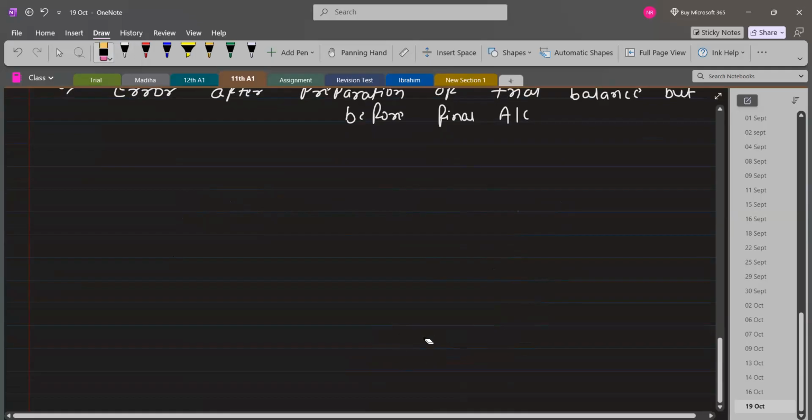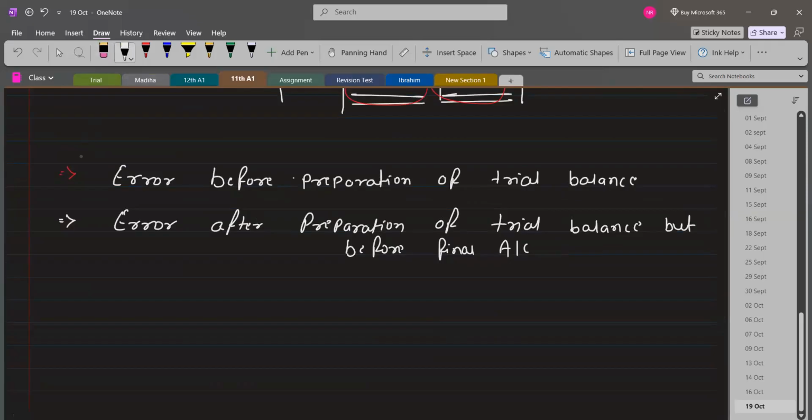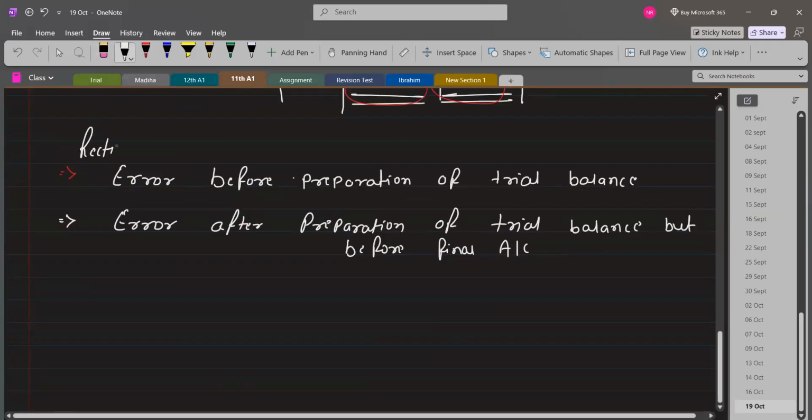So these are the two stages also for rectification. So error you find before trial balance is rectified also before trial balance. Rectification of error before trial balance and rectification of error after preparation of trial balance.